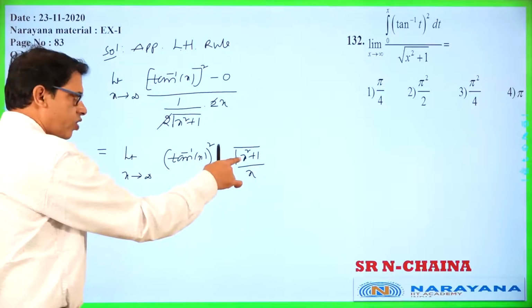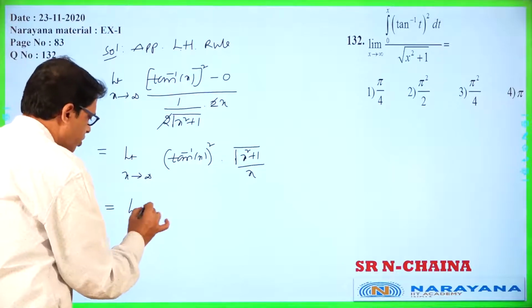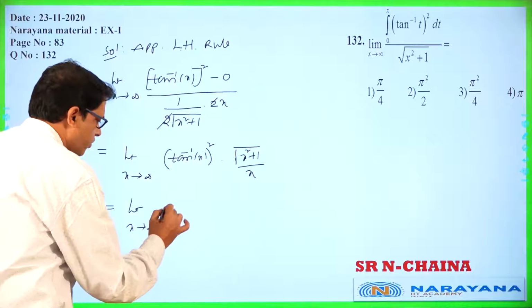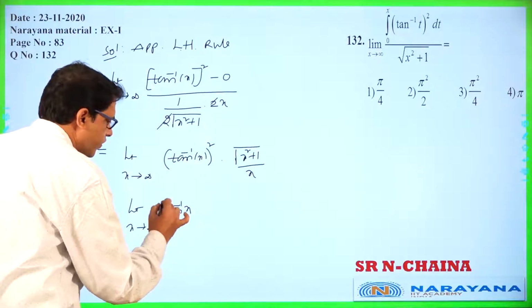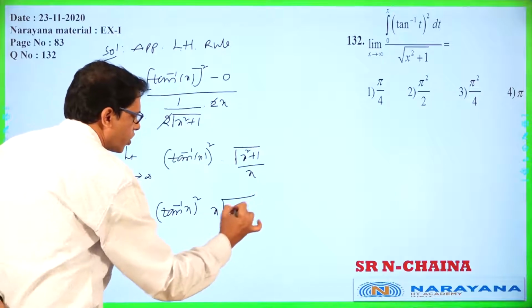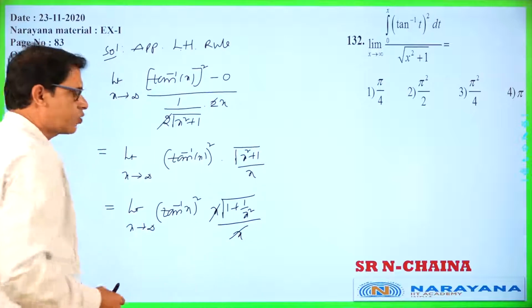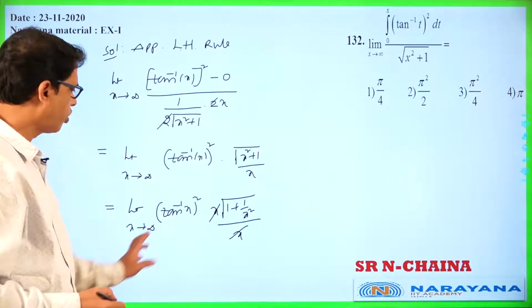In the next step I am taking x as common. Limit x tends to infinite, tan inverse of x whole square, and if you take x common, x into root under 1 plus 1 by x square upon x cancels out. Now apply the limits individually.